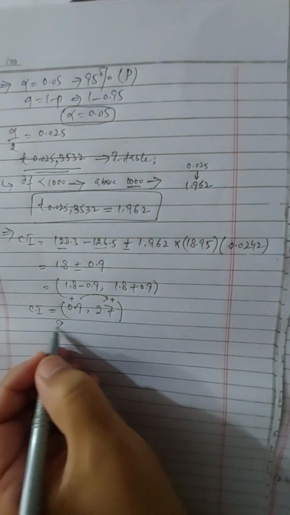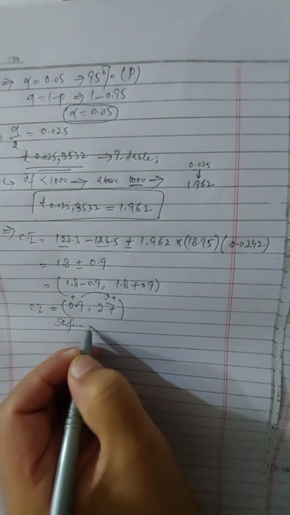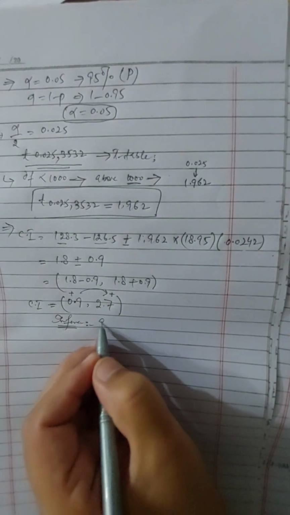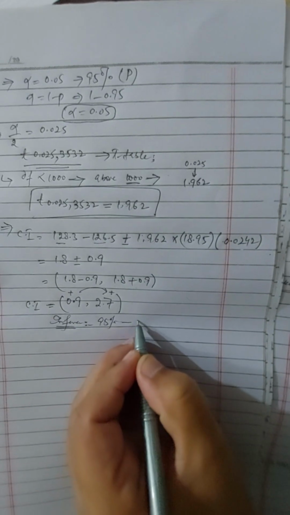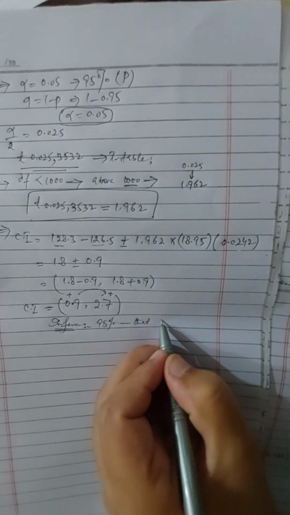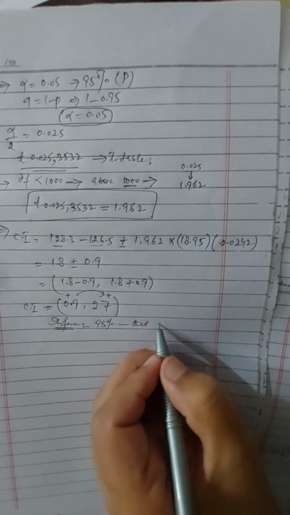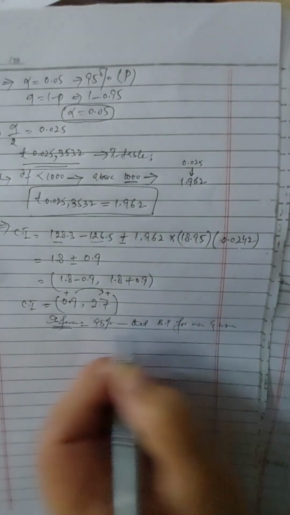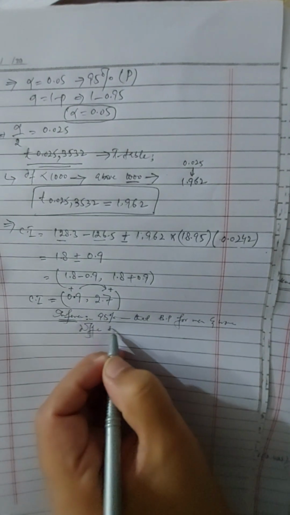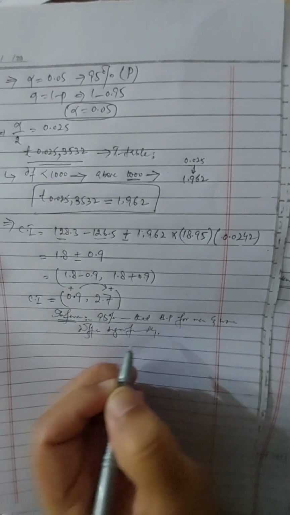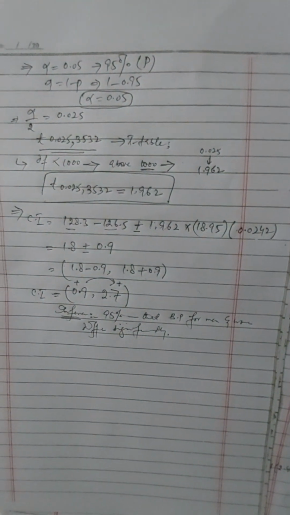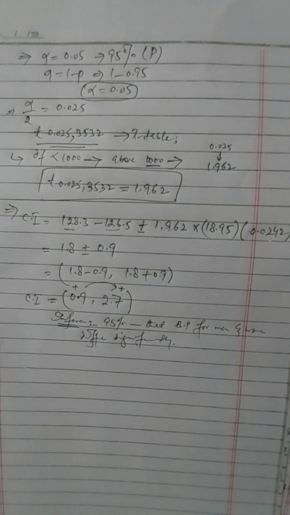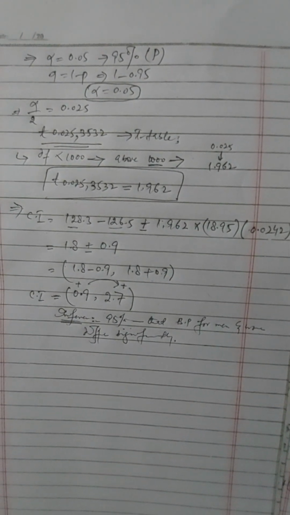So the inference is that there is a 95% chance that the blood pressure for men and women differ significantly for both the populations. That is how we give the inferences.